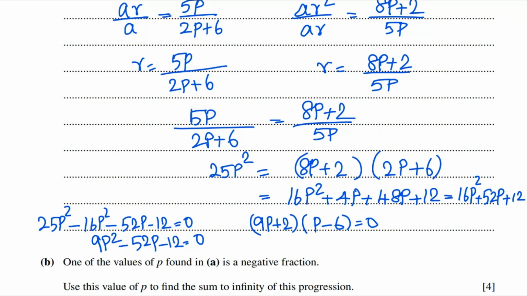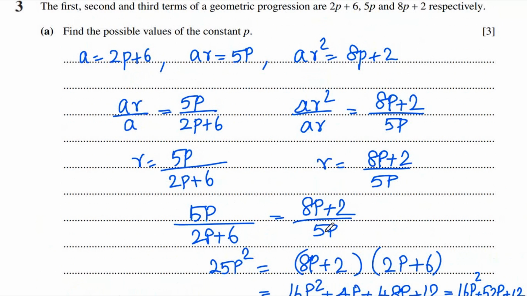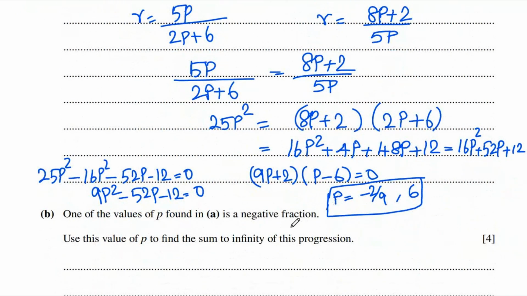So p is equal to minus 2 over 9 and 6. So the possible values of p are negative 2 over 9 and 6.